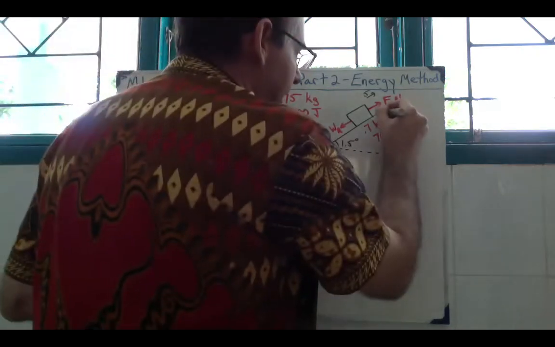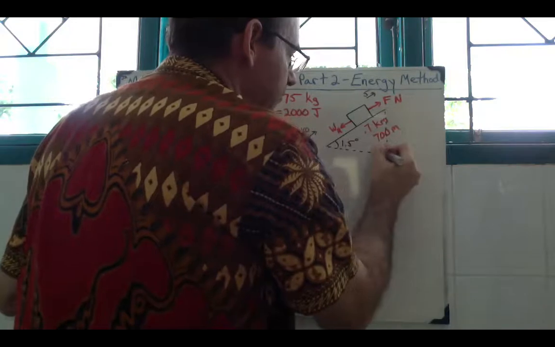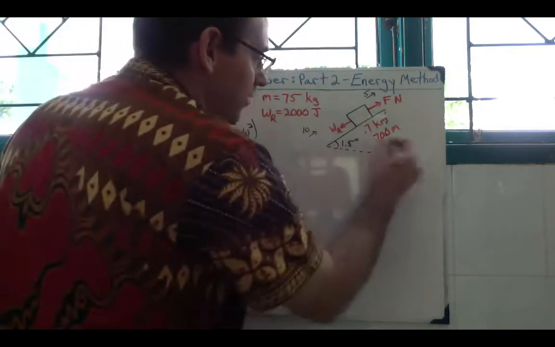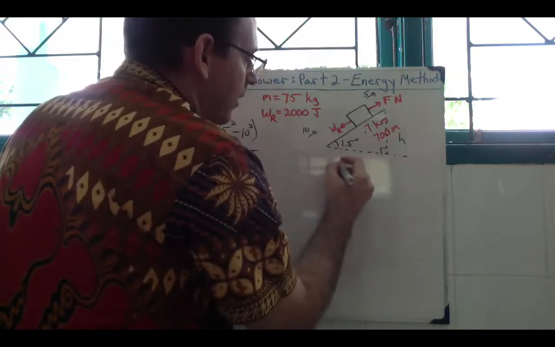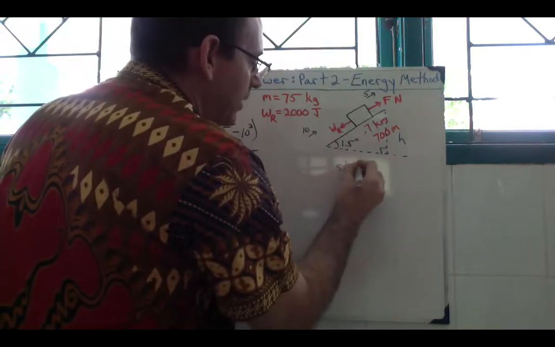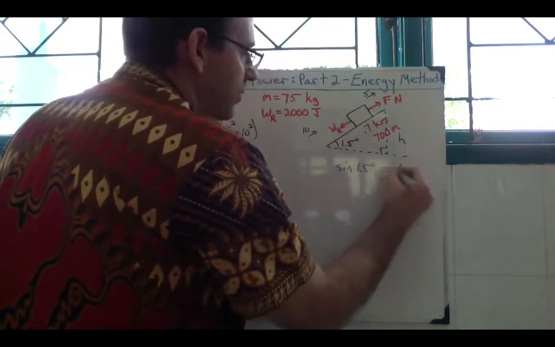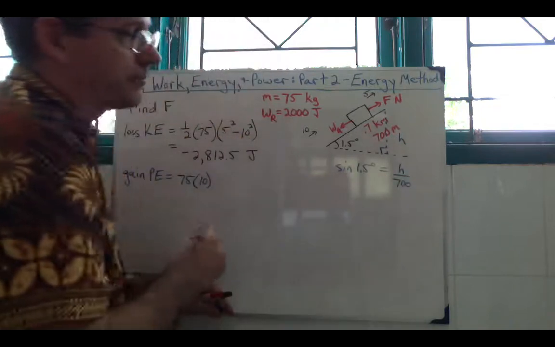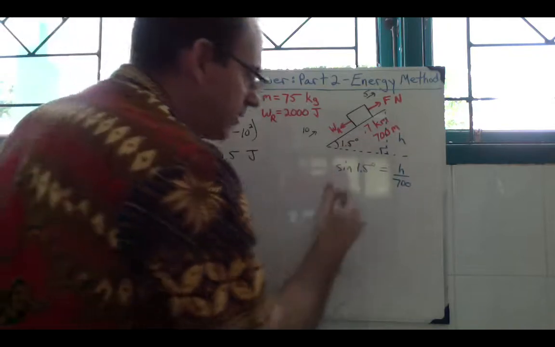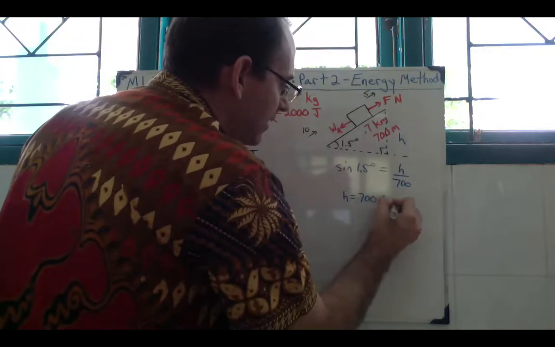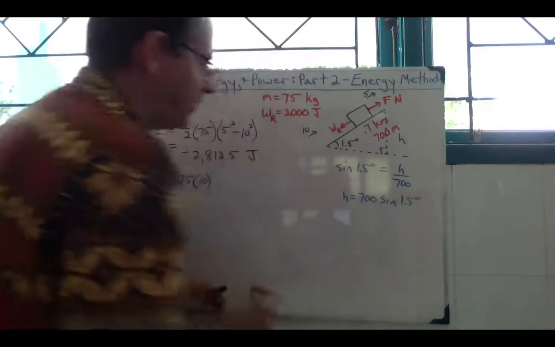So to find the height, we'll just drop our height down, make it a right triangle. So here we have opposite. So sine of our 1.5 degrees will equal opposite over the hypotenuse, hypotenuse being 700 meters. So our height is 700 sine of 1.5 degrees.